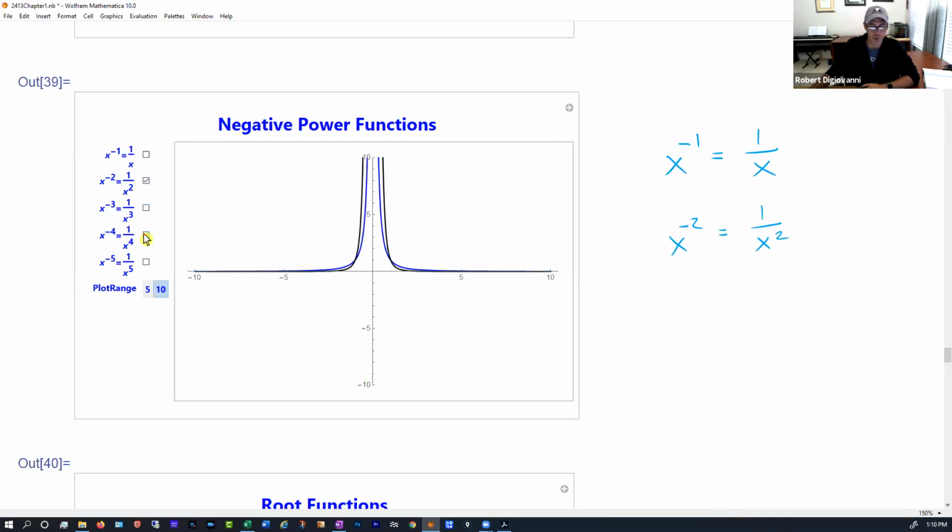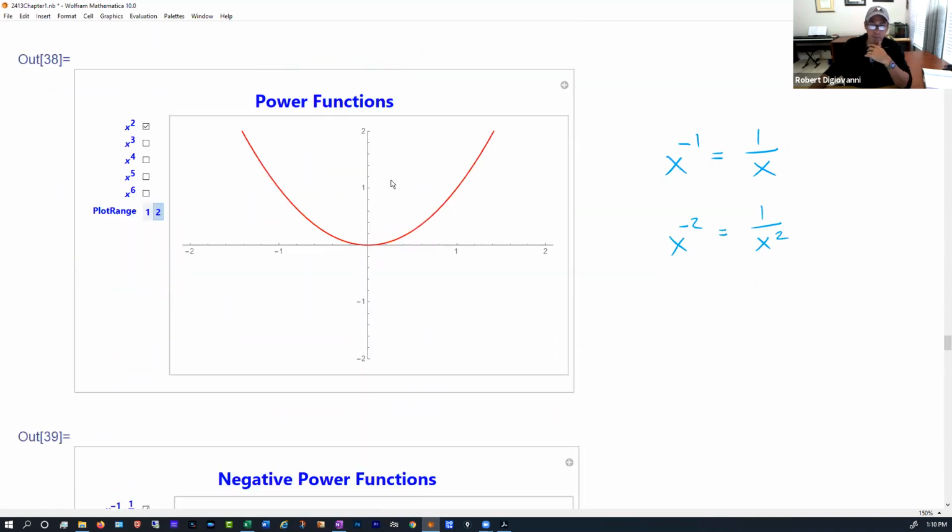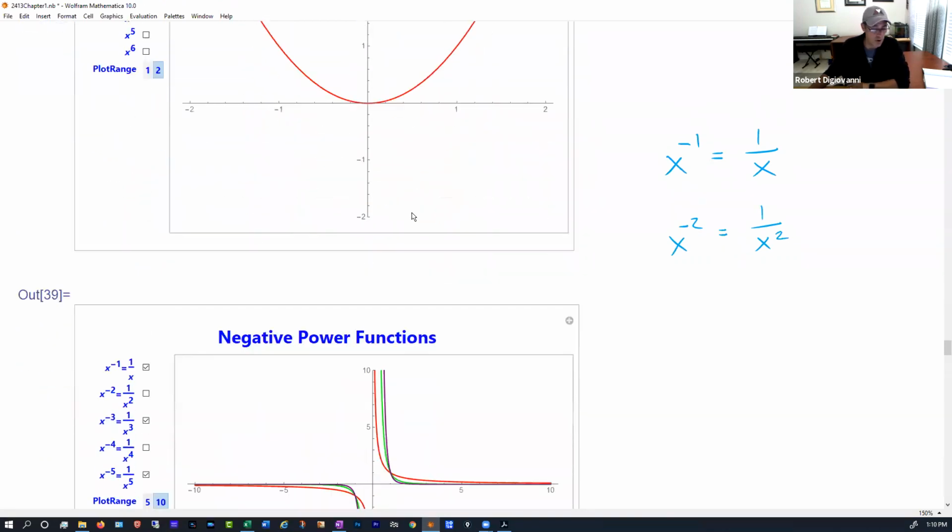Here's 1 over x to the fourth. Again, very much like 1 over x squared. And then 1 over x to the fifth is very much like the others, 1 over x and 1 over x cubed. So just understand the similarities and differences between these negative powers and how they differ significantly from the positive powers, right? Here we don't have any asymptotes, no vertical asymptotes at all.